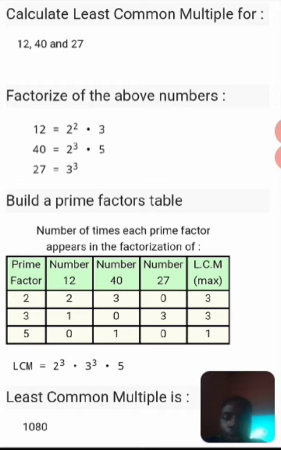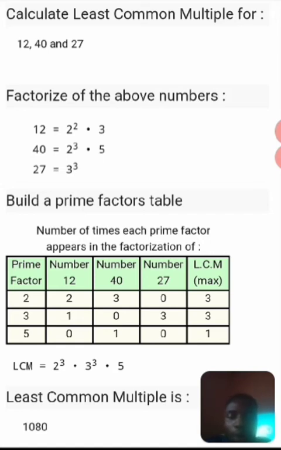When you divided through 40, you find out that 2 appeared 3 times, and through 27 there was no 2, because 2 cannot divide through 27 comfortably. When you divided 3 into 12, we got 1. 40 cannot be divided by 3. 27 can be divided by 3, we have 3. Then 5 cannot divide through 12, cannot divide through 27, but can divide through 40.